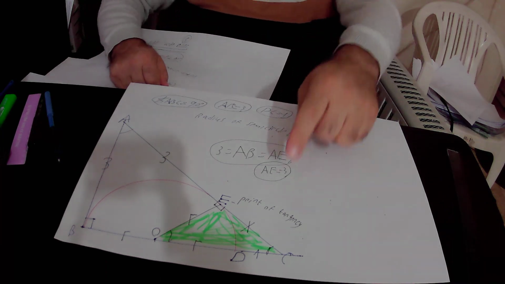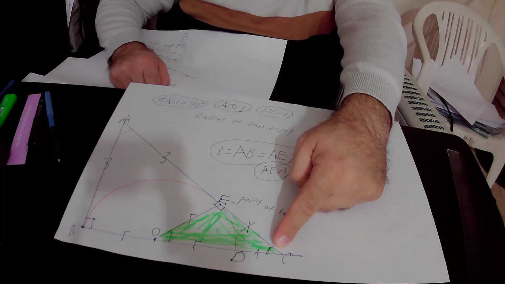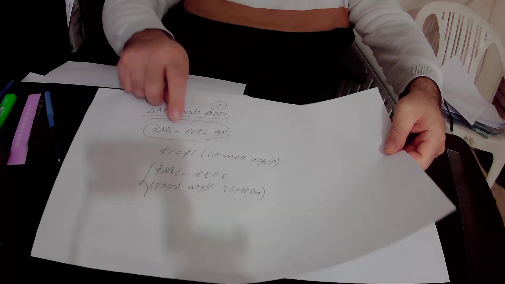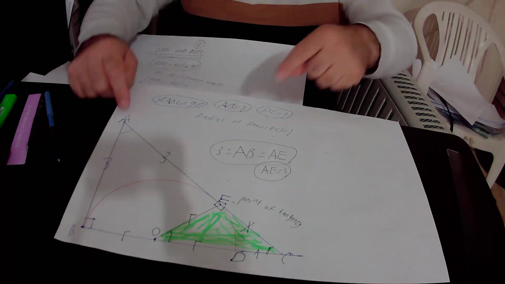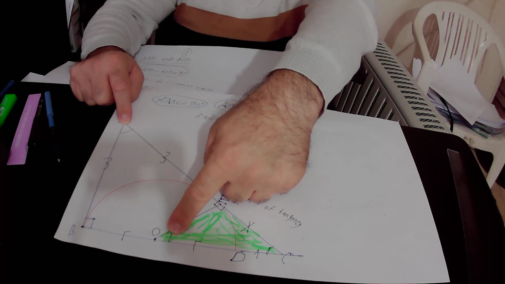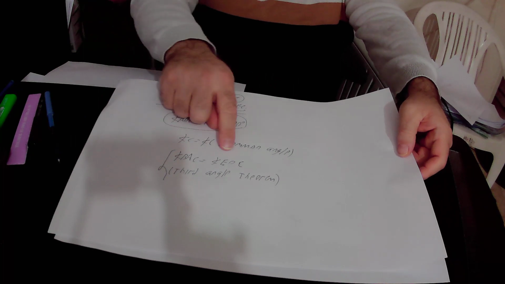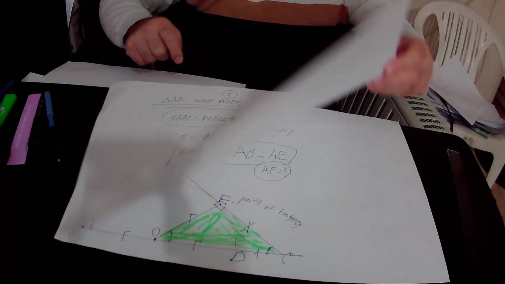And also, angle C is a common angle. It belongs to both triangles. So we can write that angle C equals angle C as a common angle. And also, those two angles are equal to each other according to the third angle theorem. I will repeat again, angle BAC equals angle EOC according to the third angle theorem.